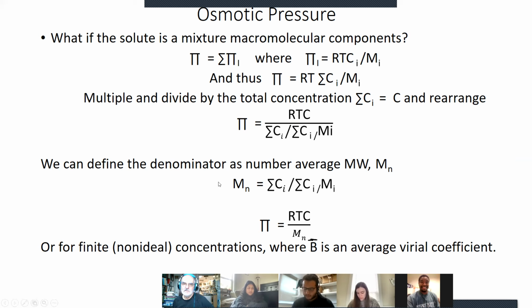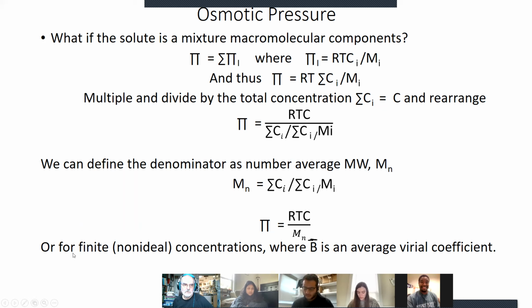This is the definition of a number average molecular weight. And it essentially is the definition of what we use for colligative properties, properties that count numbers of particles. Okay, and so this expression can be rewritten as the osmotic pressure is equal to RTC, total concentration, divided by number average molecular weight, because that's what this is. All right.